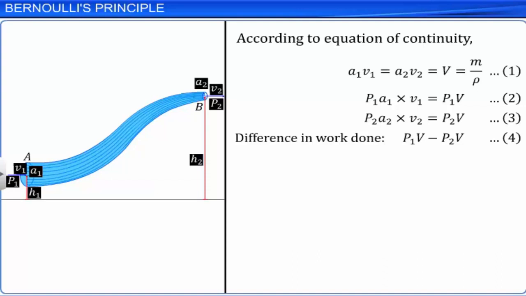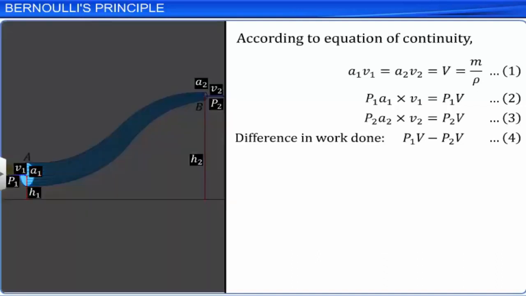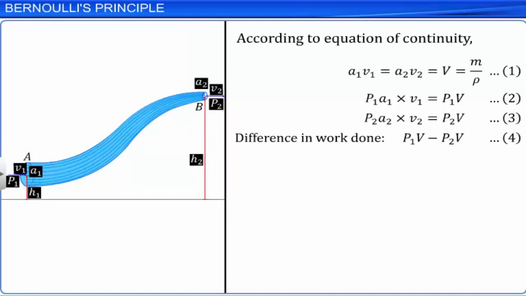As the liquid element moves from A to B, the velocity of the element increases from V1 to V2 and the height increases from H1 to H2. Thus, the increase in potential energy of the fluid element per second from A to B is expressed as mgH2 minus mgH1. Let this be equation 5.